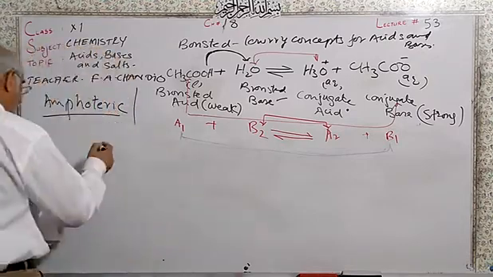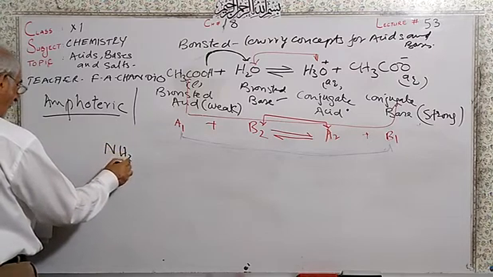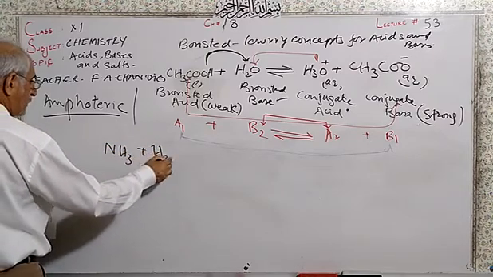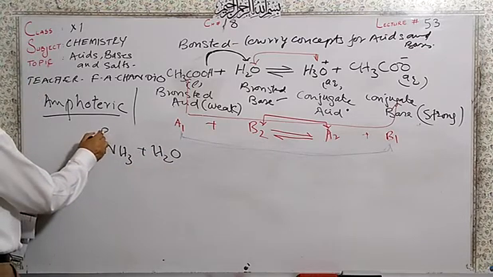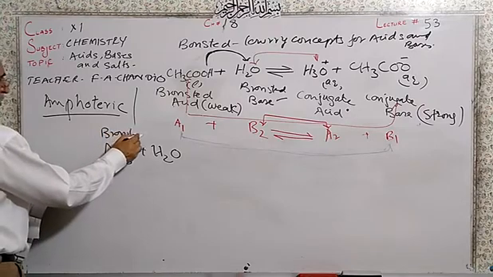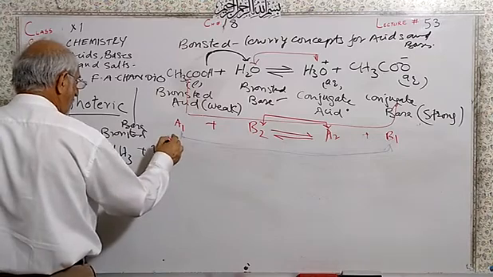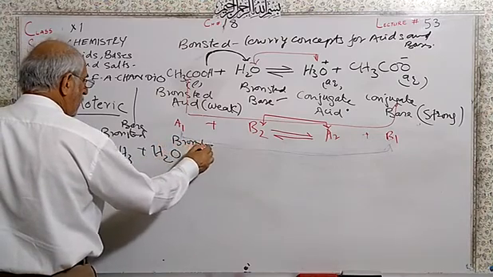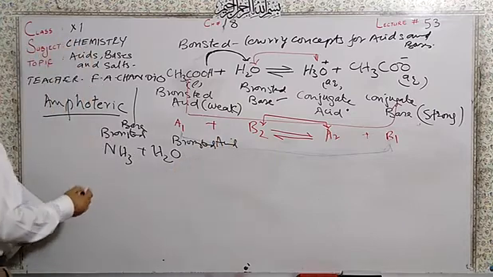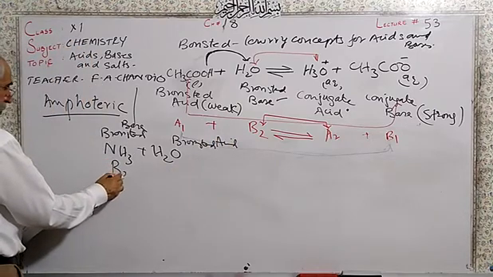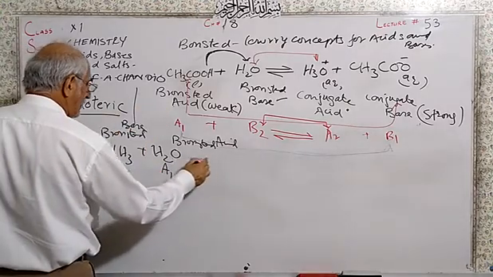So I am writing another equation. Ammonia plus water. Ammonia is a Brønsted base and water is a Brønsted acid. So the Brønsted base is B2, and the Brønsted acid is A1.